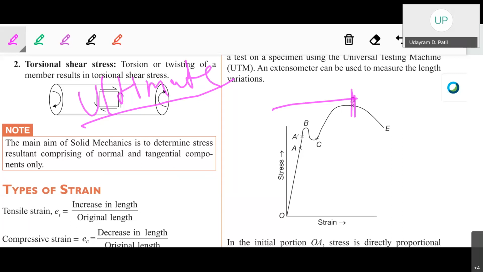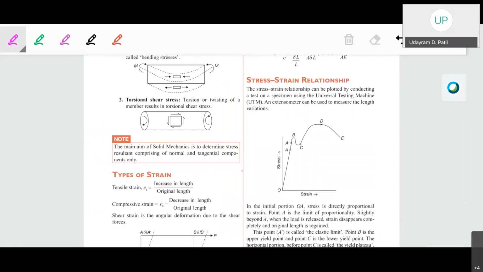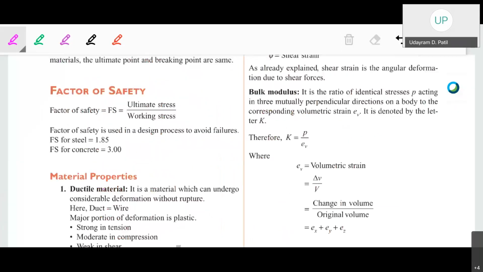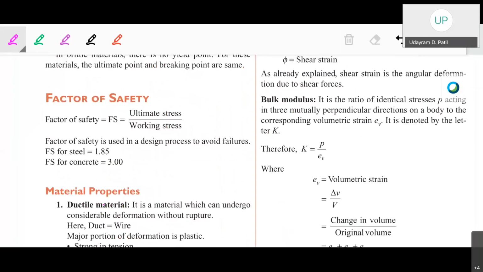We cannot estimate the exact quantity of load that is going to apply to that member. So for that we consider a certain extra factor, so that the member will be able to carry an extra load within the safety limits, so that if there are any accidental loads on this member, it will still be able to carry that load. That factor is known as the factor of safety.